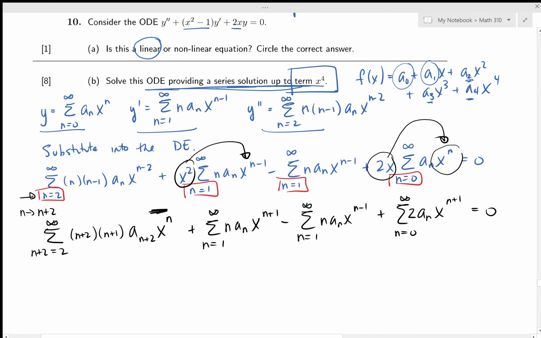Okay, so n plus 2 equals 2 means that n is equal to 0, the same as n equals 0, subtracting 2 from both sides.